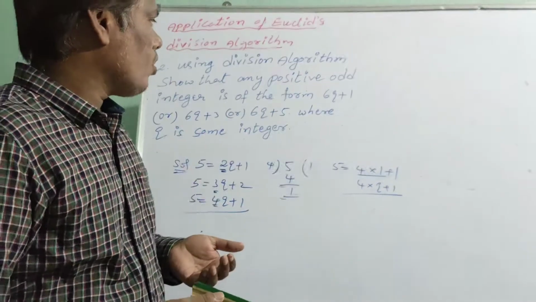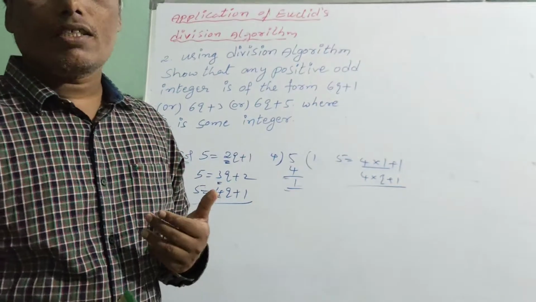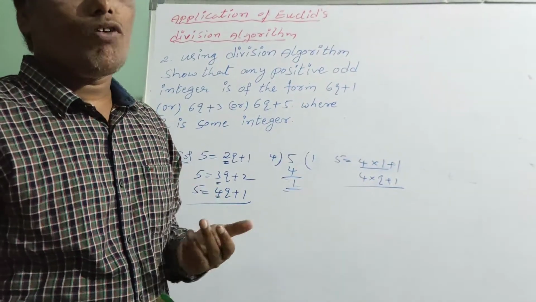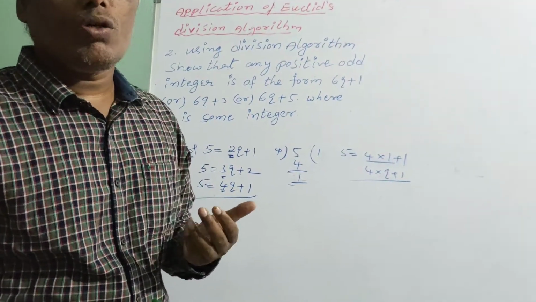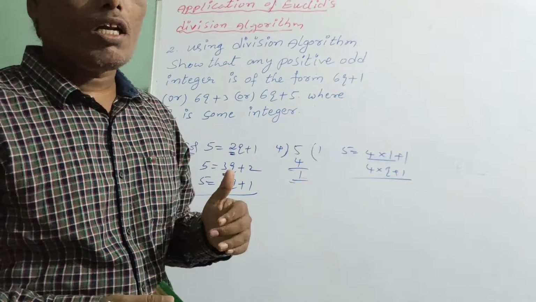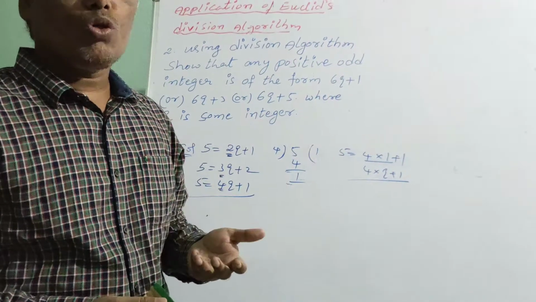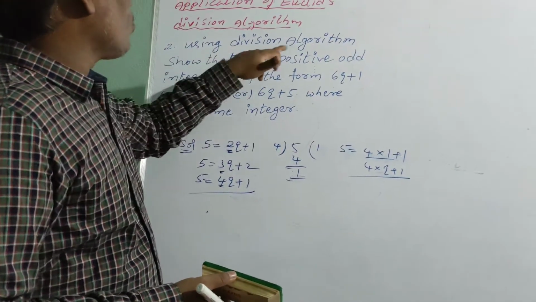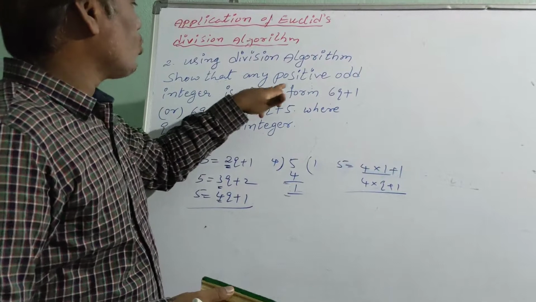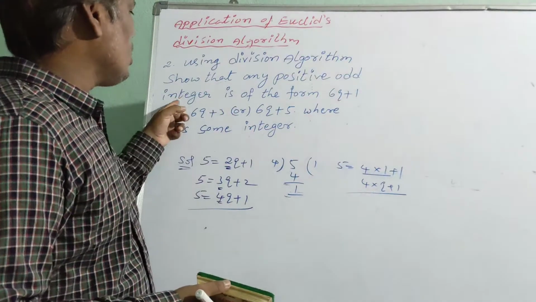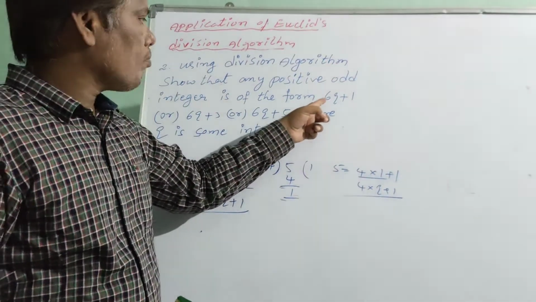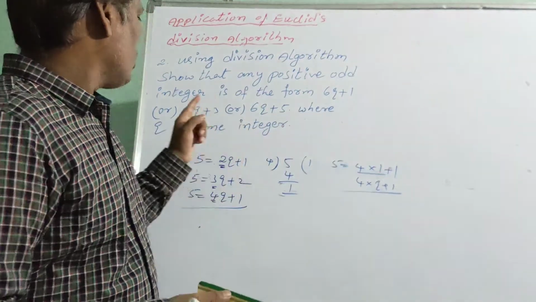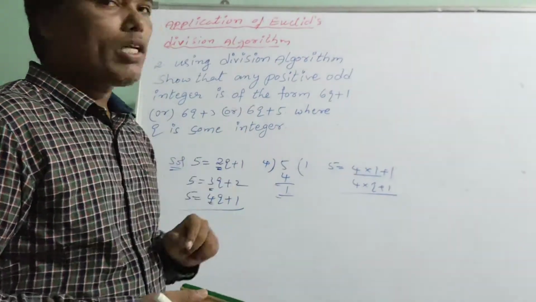Why am I telling this? Because in the lower classes we learned that the general form of an odd number is 2q plus 1. But in this particular problem, they are saying to prove, using division algorithm, that any positive odd integer is of the form 6q plus 1, 6q plus 3, 6q plus 5.